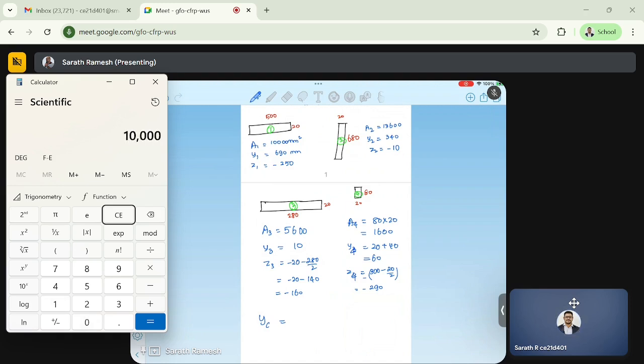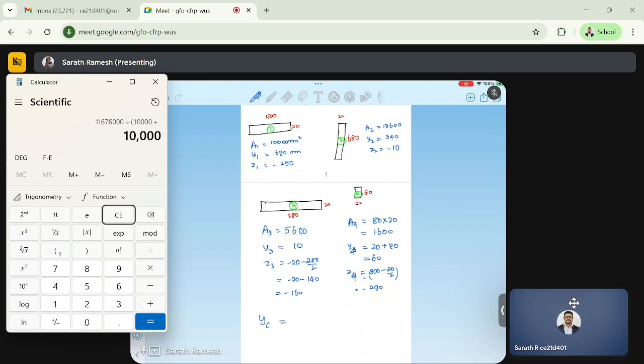So 10,000 times 690, plus 13,600 times 340, plus 5600 times 10, plus 1,600 times, again I'm making this mistake, plus 1,600 times 60, divided by A1 plus A2 plus A3 plus A4.